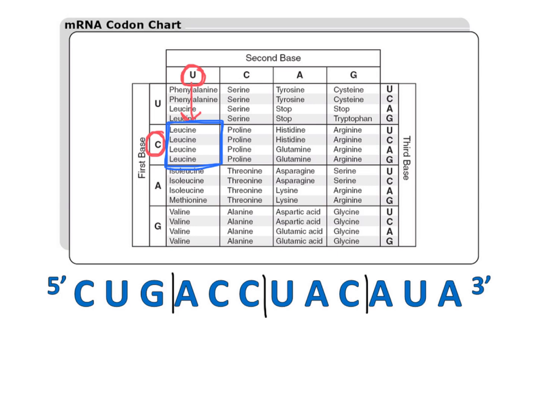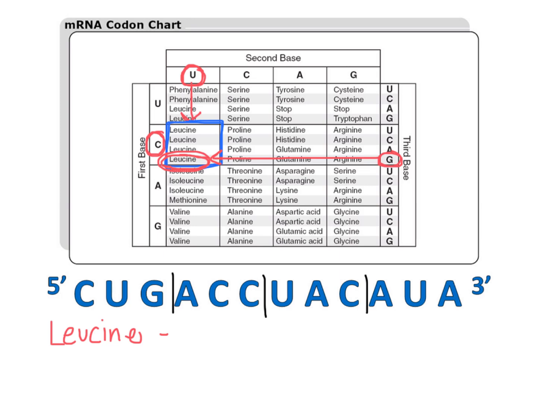And then I use my third base, G, to tell me that it's the very bottom amino acid in the box. So leucine is the first amino acid.